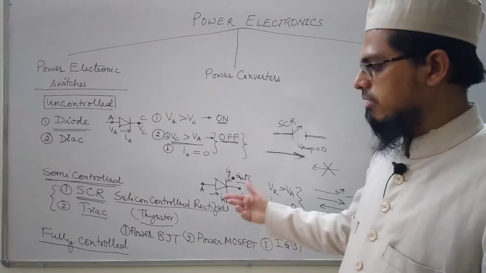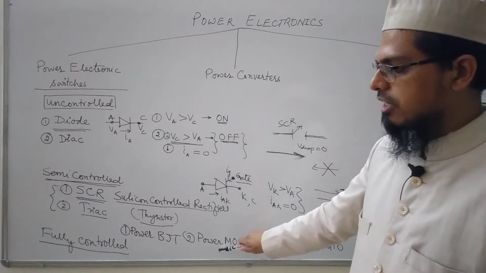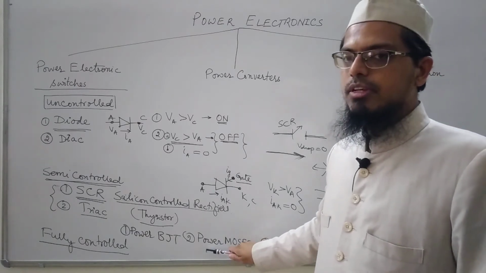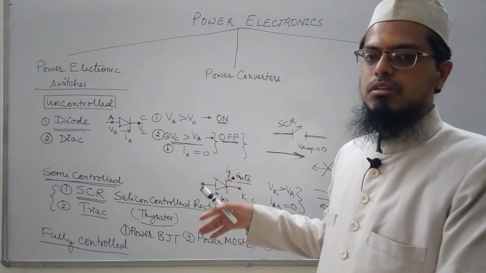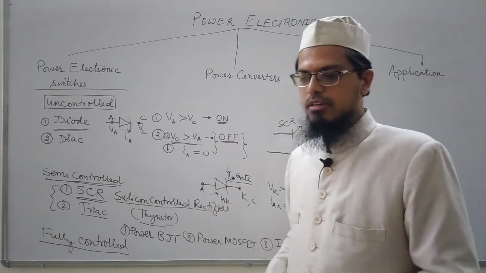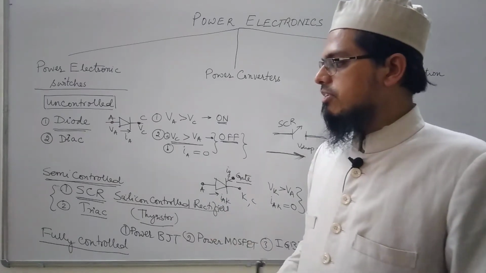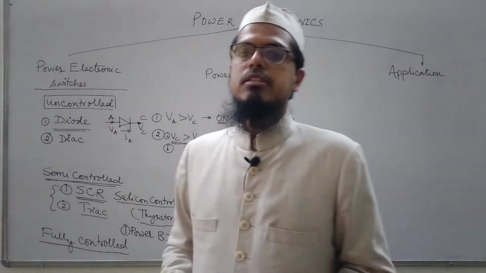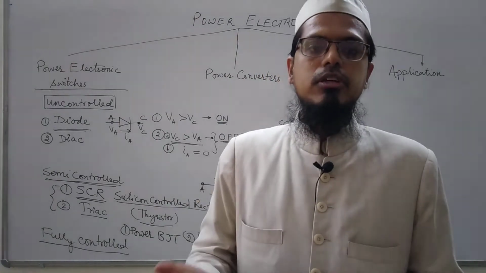If it is on, then the switch conducts, if it is 0, it does not, and this is a voltage controlled device. Again, these things have a detailed discussion in some other lecture. For the time being, just understand that these devices are fully controlled. They can be turned on and off at the wish of the user.